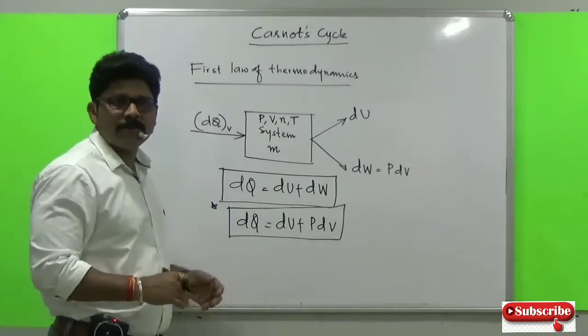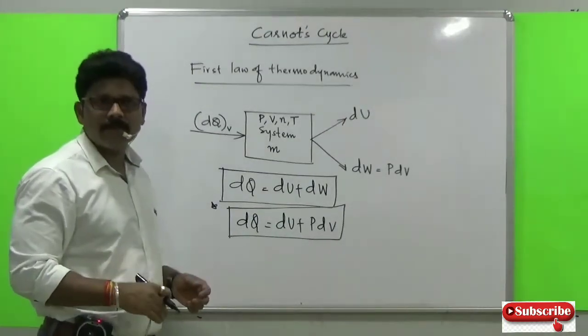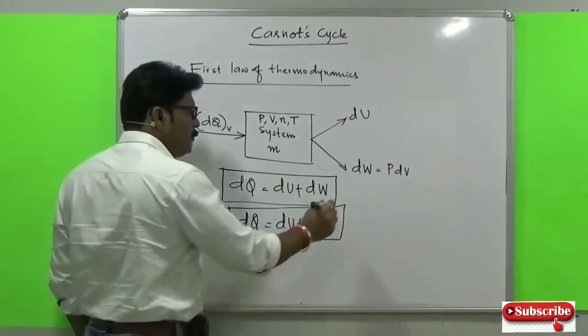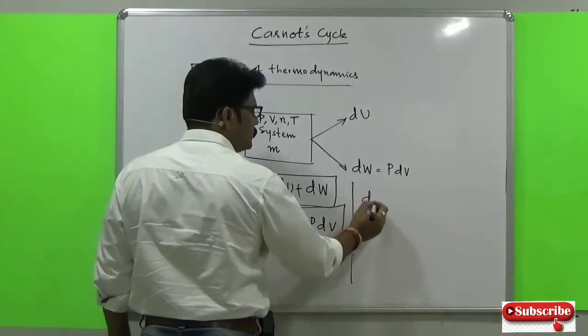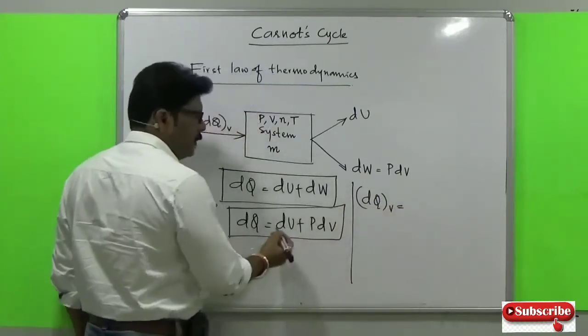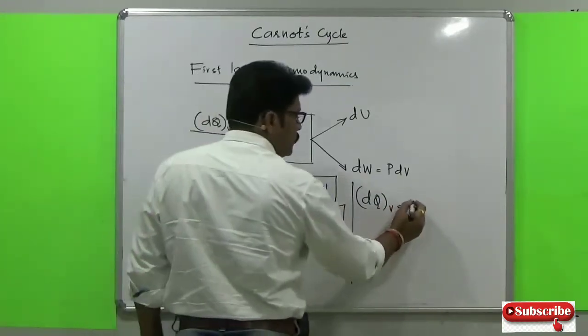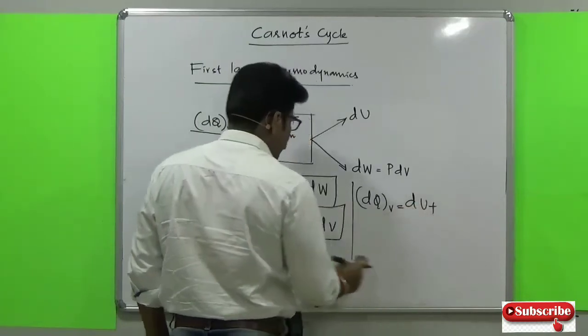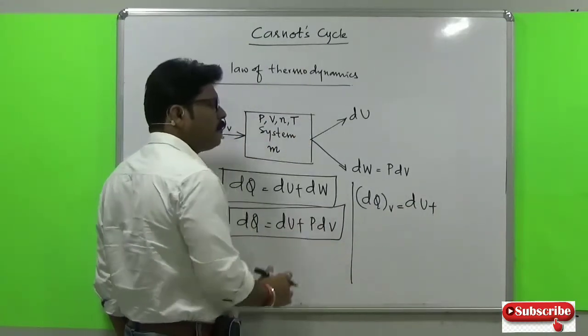Work done will be zero, see. So when you apply dq at constant volume, du remains, plus what will you get? P into dV.